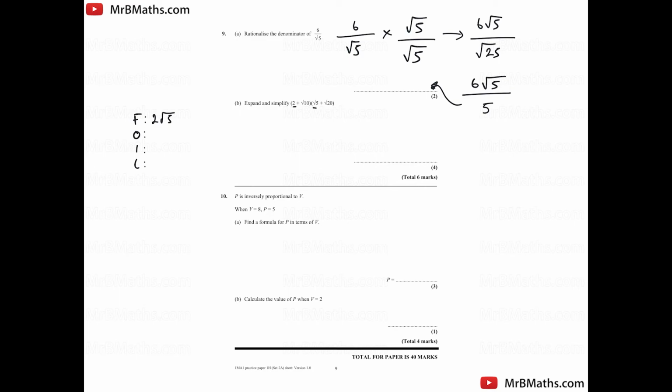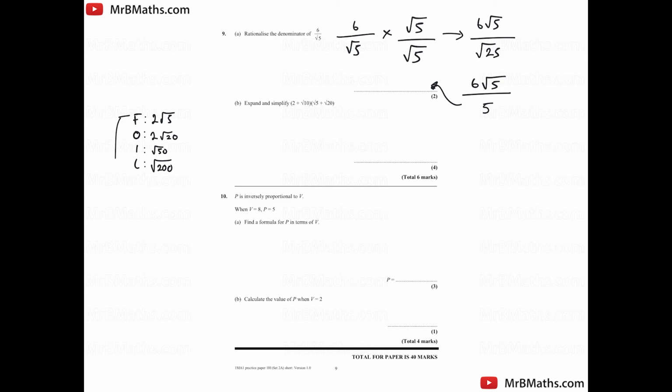Outside of each term would be this one and this one, so that would be 2 root 20. The inside would be root 10 times root 5, so that would be root 50. And the last would be root 10 times root 20, which would be root 200.